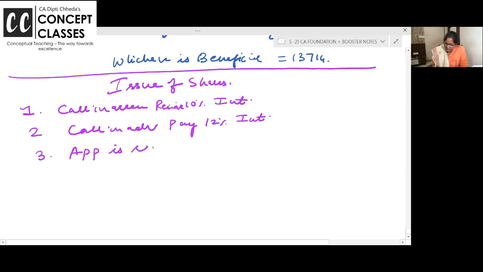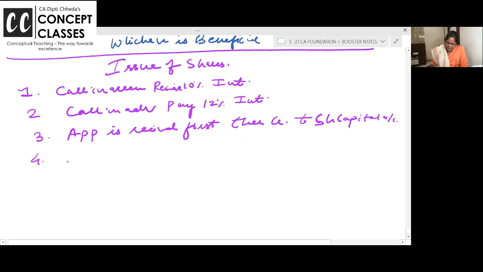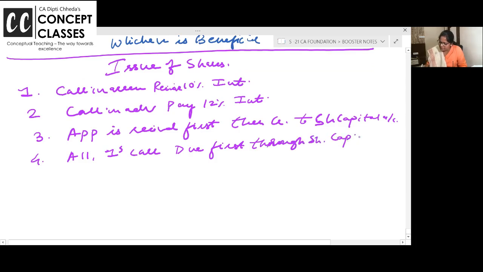Application is received first, then credited to share capital account. Application, bank to application is received first, then credited to share capital account. Whereas allotment, first call, is due first through share capital account.